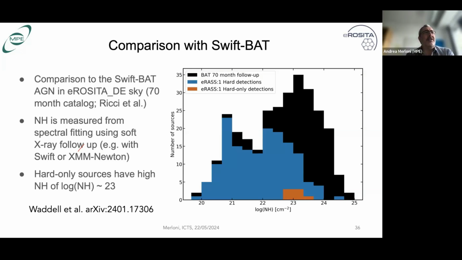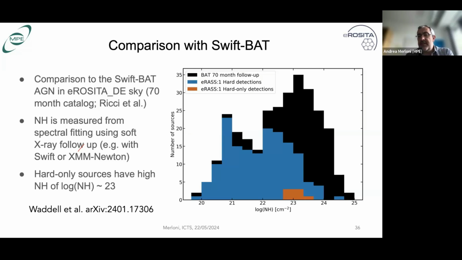I went quickly, I'm sorry, I'm sure I haven't explained myself, but let's say because BAT selects at 14 to 195 keV, BAT can detect much more highly obscured sources than eROSITA, which only detects up to 5 keV, right? And so the BAT histogram is considered to be almost complete, or much more complete, up to high columns.